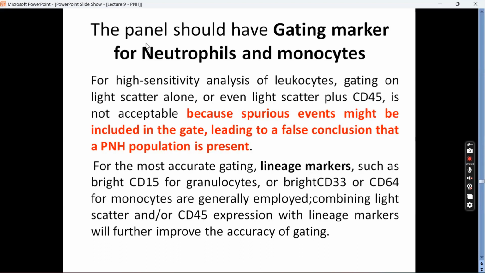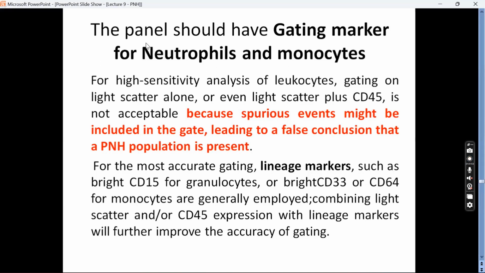Then I apply the neutrophils gated with CD45 side scatter on side scatter versus CD15. Now I can purify and take only the neutrophils for further analysis. Similarly, the population taken from the monocyte region, I apply on CD64 or CD33. The population expressing bright CD64 or bright CD33, I take up for further analysis. That's how I do gating for neutrophils and monocytes.